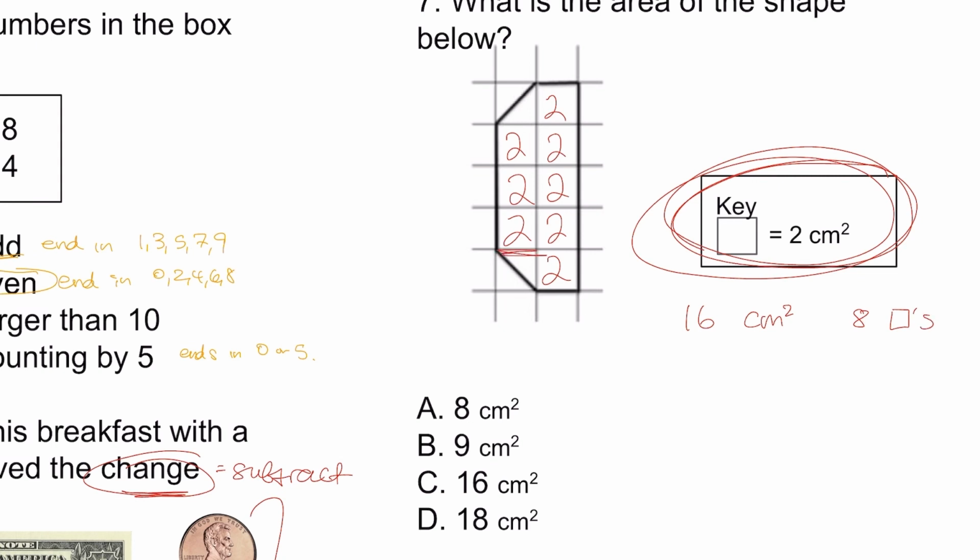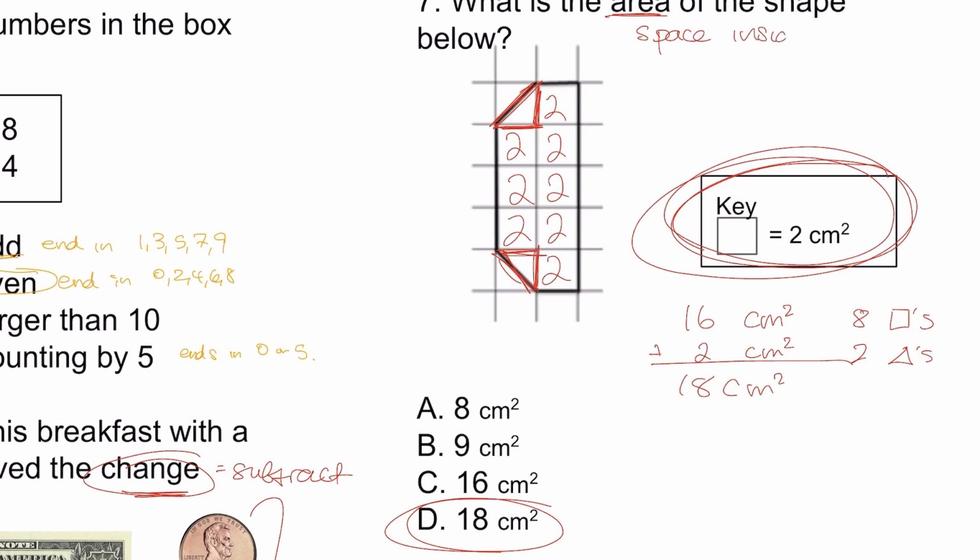And then you have these 2 triangles, which are exactly half. So that's just 2 times 1, or 2. So altogether, you have 18 square centimeters for the area. So again, the key here is area, which is the space inside a shape. And we have to look at the key here to help us.